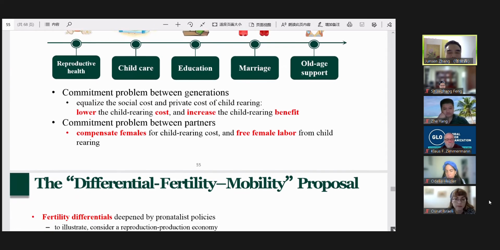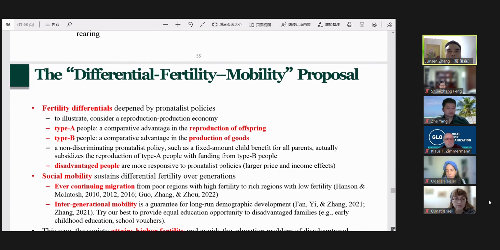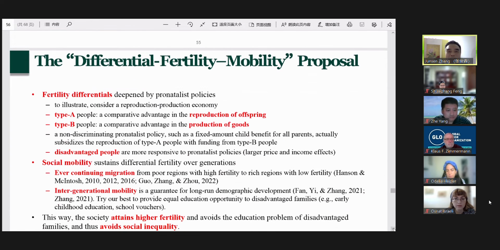Now, let me make our main contribution. Here is our main policy proposal, our main hypothesis. We have this argument, the differential fertility mobility proposition.